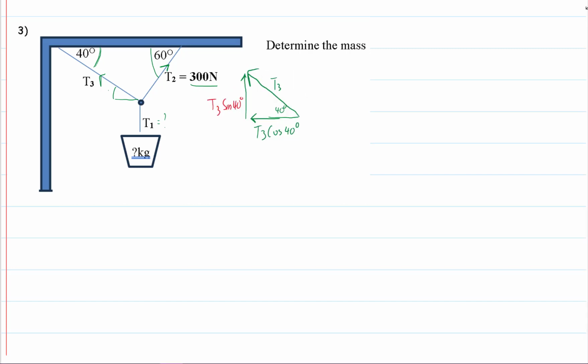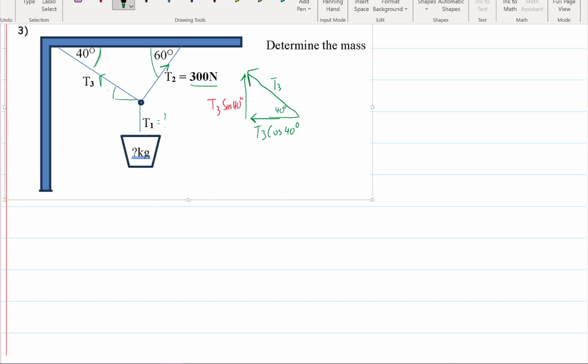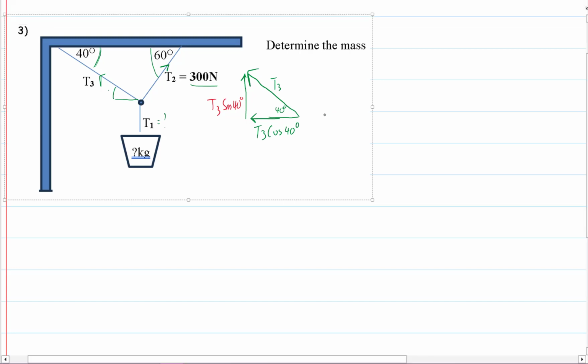And then let's draw the other one, T2, a little bit higher up. That has an angle of 60, so to the horizontal it also has an angle of 60.